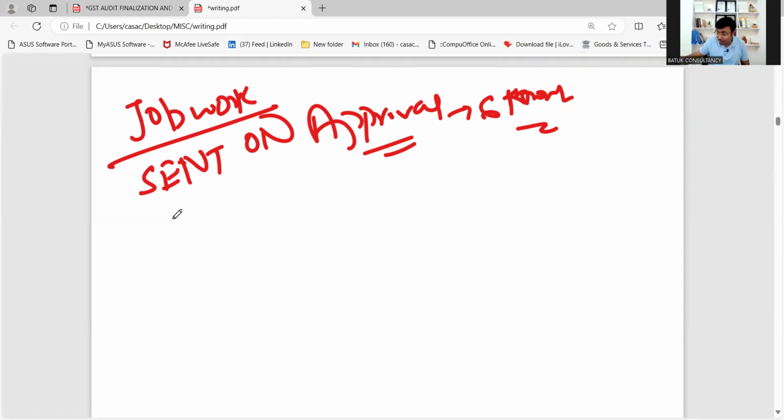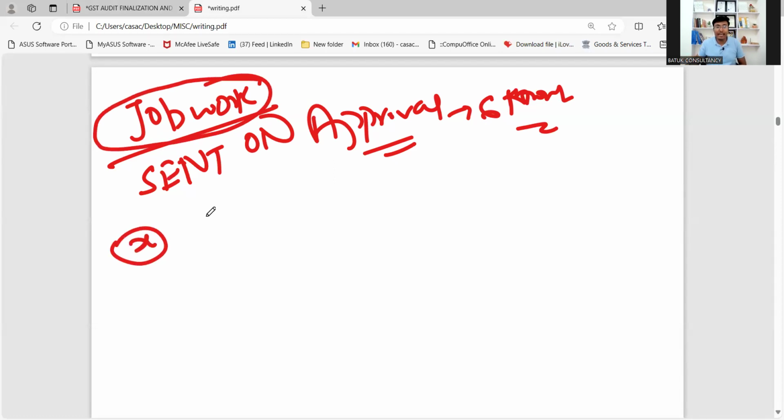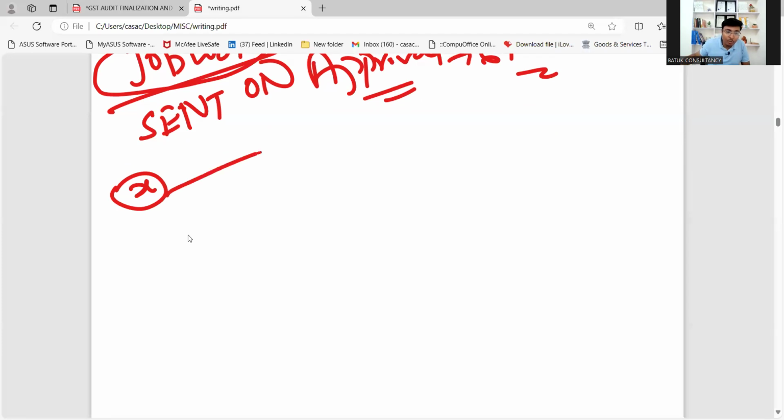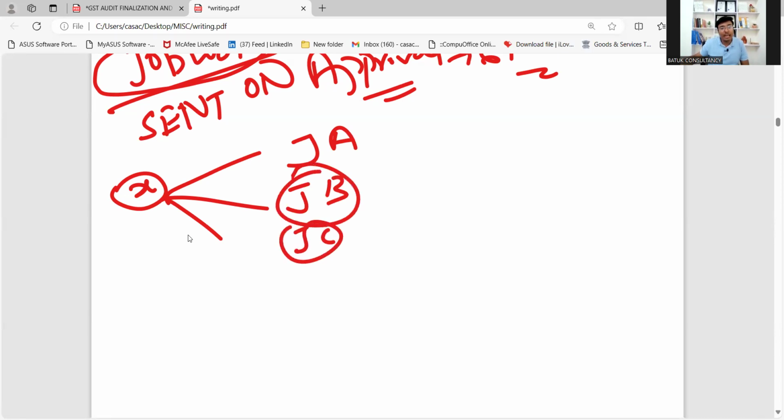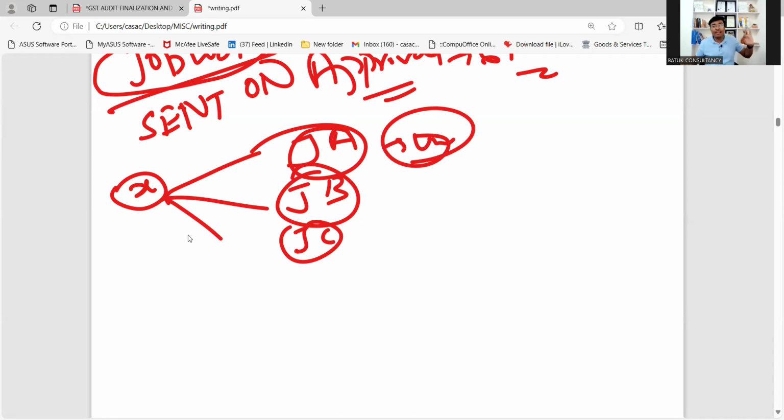When you check that a person is involved in job work, suppose you are doing the audit of X and X is giving work to various job workers, job worker A, job worker B, job worker C. In that specific scenario, we need to ensure that if there is any unregistered job worker, the same address is added in the additional place of business of Mr. X or not.